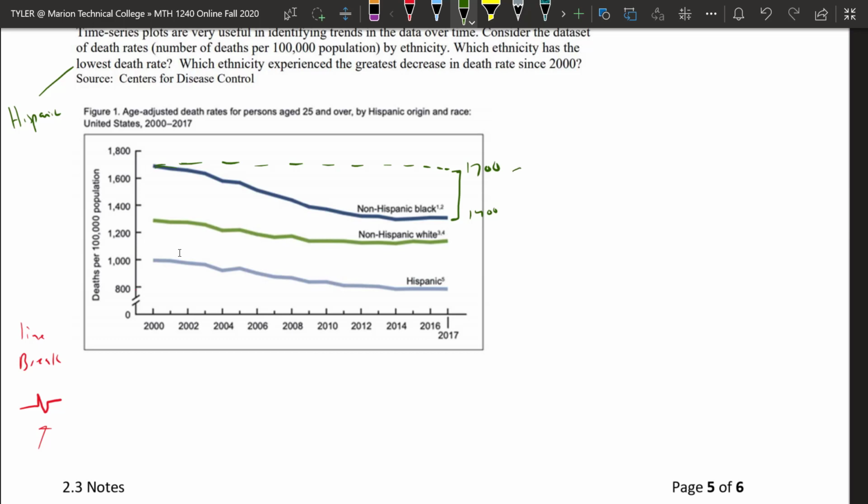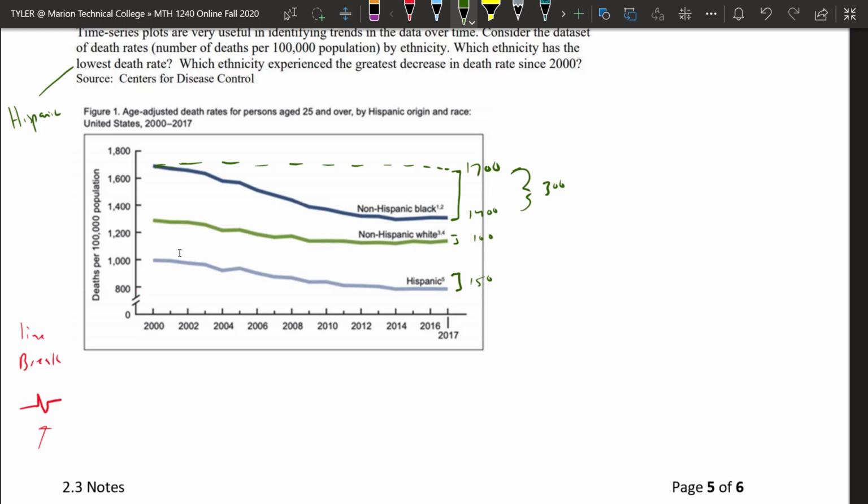So that distance between the two is roughly 300 deaths per 100,000, right? And then if you look at the non-Hispanic white group, that's at roughly maybe 1300 down to 1200. So there's maybe only a 100 difference between the biggest and smallest values there, and then here we're going from 1000 down to maybe, I don't know, 850 or something like that. So that's maybe a distance of 150 roughly.